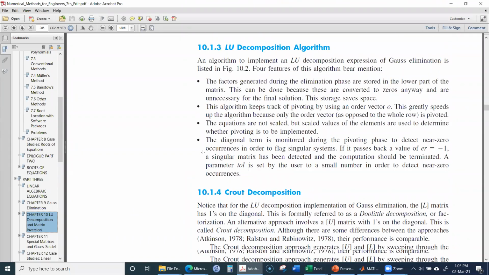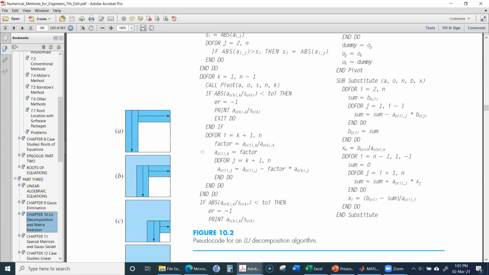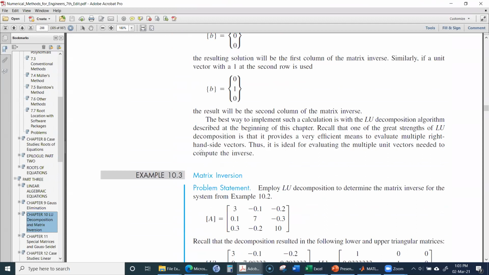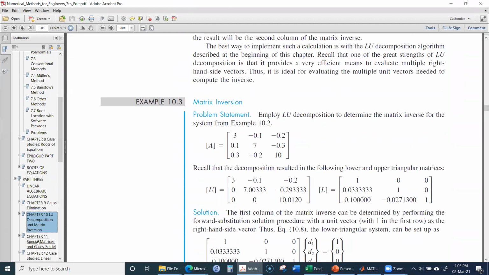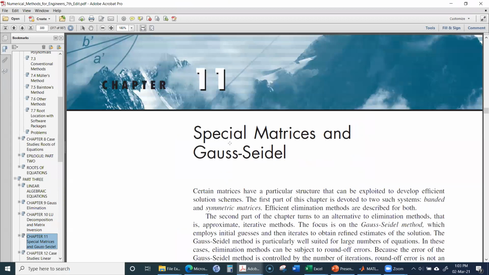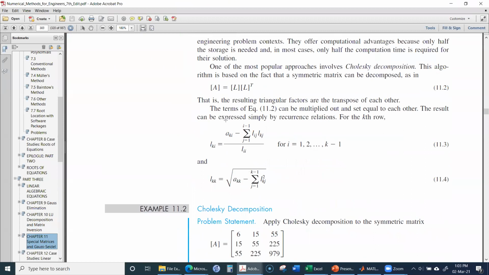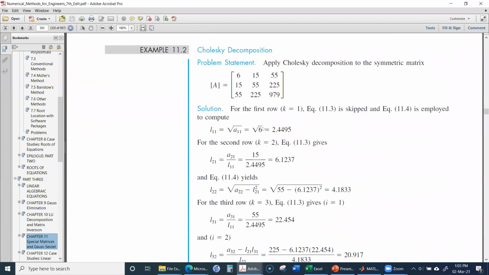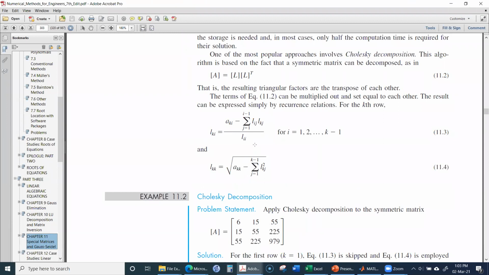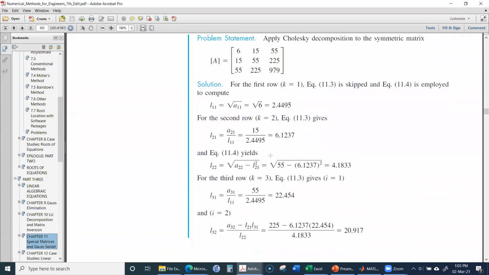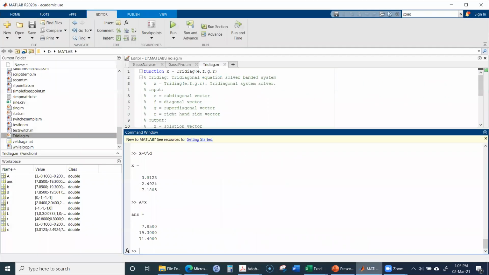Yes, symmetric matrices. So we did it for symmetric matrices. In that case we used Cholesky's algorithm, which was sometimes confusing, but okay. But here we have a very simple function, chol, in MATLAB.